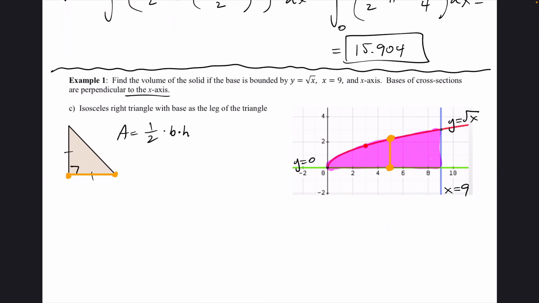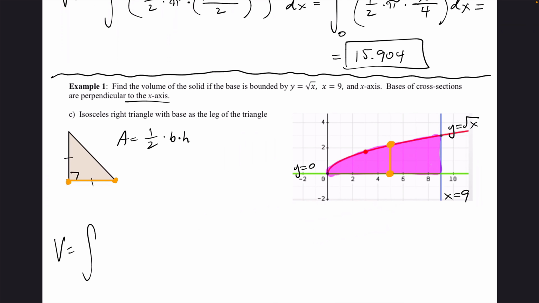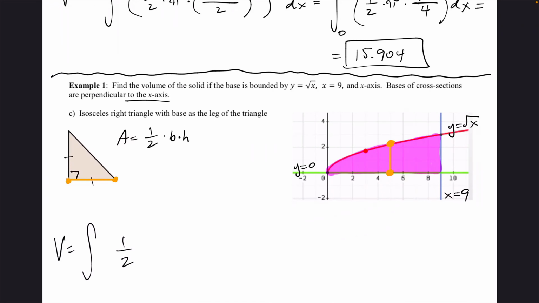It's 1/2 base times height. This one's also dx because we said it's perpendicular to the x. 0 to 9 still, because it's the same shaded area and it's still with respect to x.